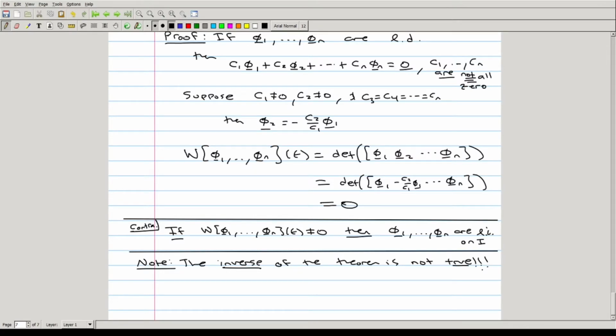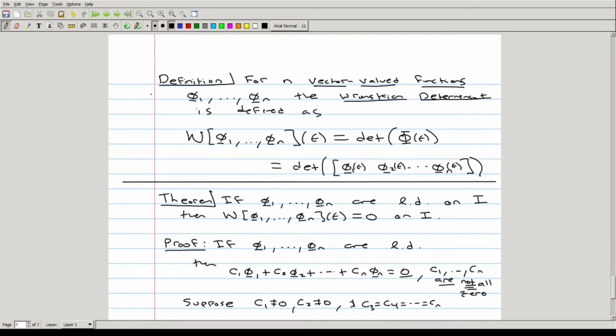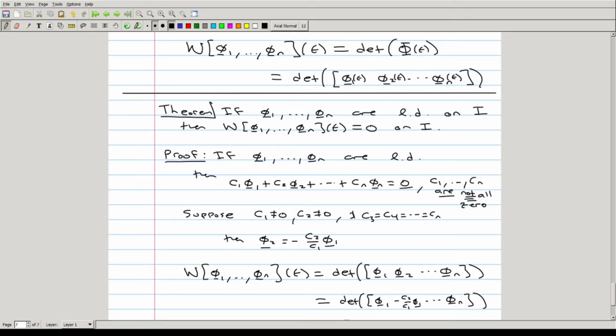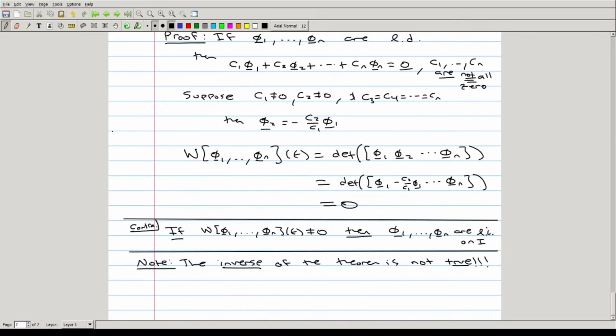And this is a very important thing to look at if you look at statements in mathematics, especially if you're taking a linear algebra or a discrete mathematics course. Just because the Wronskian is zero doesn't necessarily mean that the functions are linearly dependent on one another.